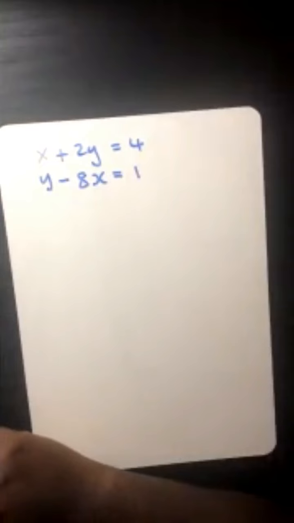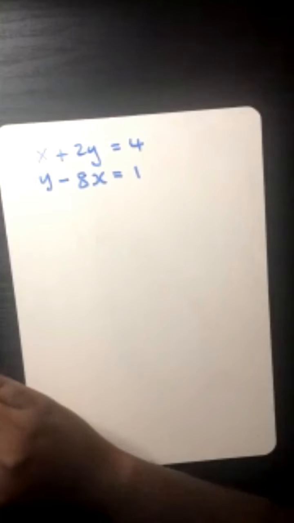The unknown is represented by a letter, which could be any letter from A up to Z. In this case, they chose to use X and Y. In each and every problem that you are given, the unknown is always represented by a letter, which could be A, B, C, D, or any letter up to Z.